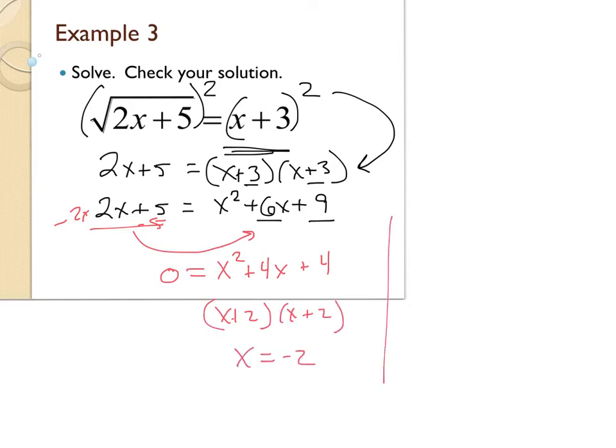And I am going to do a check. I'm going to plug the -2 into this side, and it's going to equal -2 plus 3. And now what we need to look for is, sorry, that's not the best little squiggly thing here, sorry.